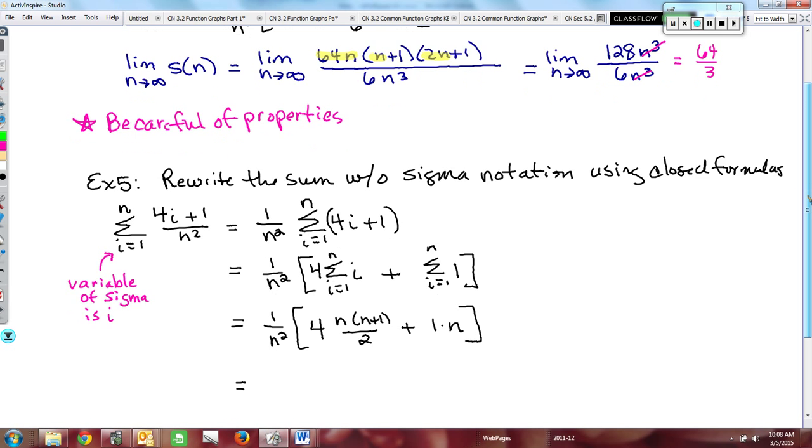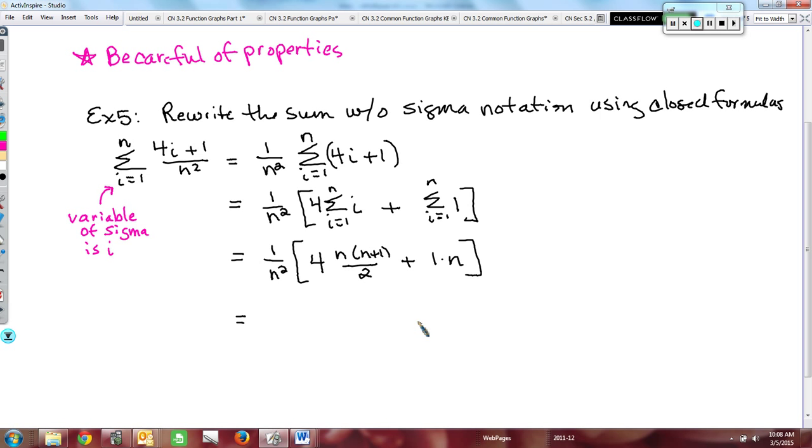And now I'm essentially done. I've performed the task of rewriting the sum without sigma notation. But now I'm going to simplify, because that's going to make it easier to work with. And thinking ahead to what I did above, usually you're going to want to take the limit as n goes to infinity, which means I need to get it into that rational function, common denominator idea.